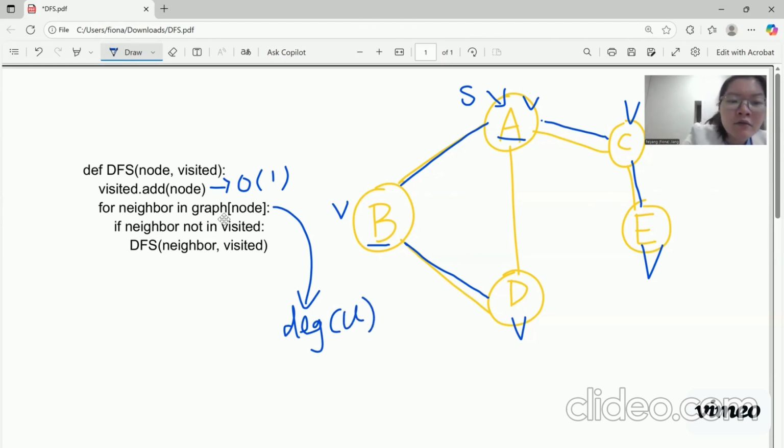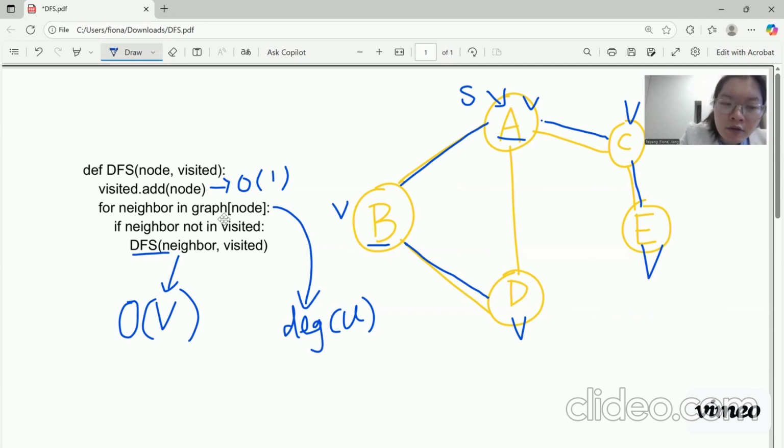Then, if the neighbor is not visited, we call DFS, which marks it as visited and explores its neighbors. If we look at the entire picture, that means we visit every node exactly once. So this part gives us big O of V, with V being the number of vertices in the graph.